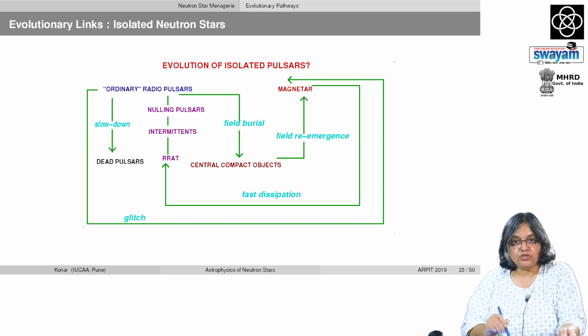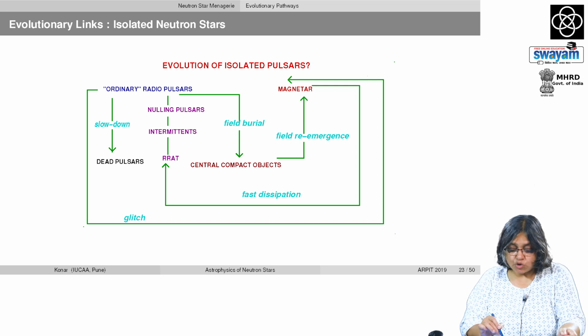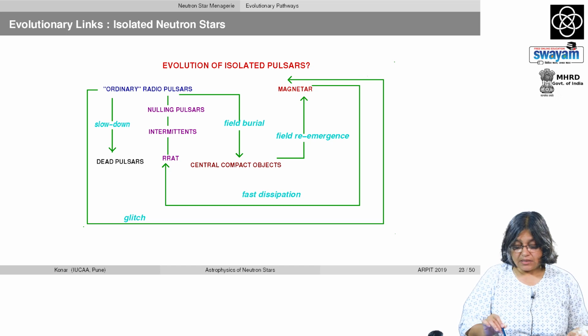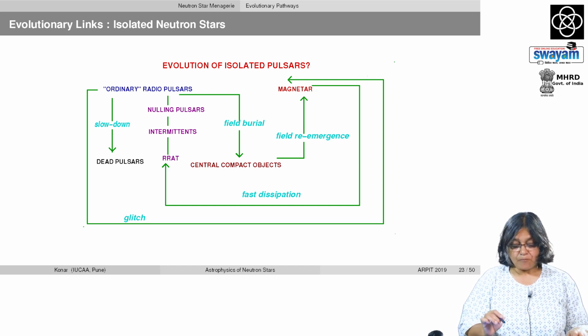This connection is not really understood. There is another suggestion that ordinary radio pulsars, when they are born, have their field buried by hypercritical accretion from the supernova remnant and they come up as central compact objects with very low magnetic field, and after the field re-emerges they might show up as magnetars or they may show up as ordinary radio pulsars. The understanding is not very clear here.